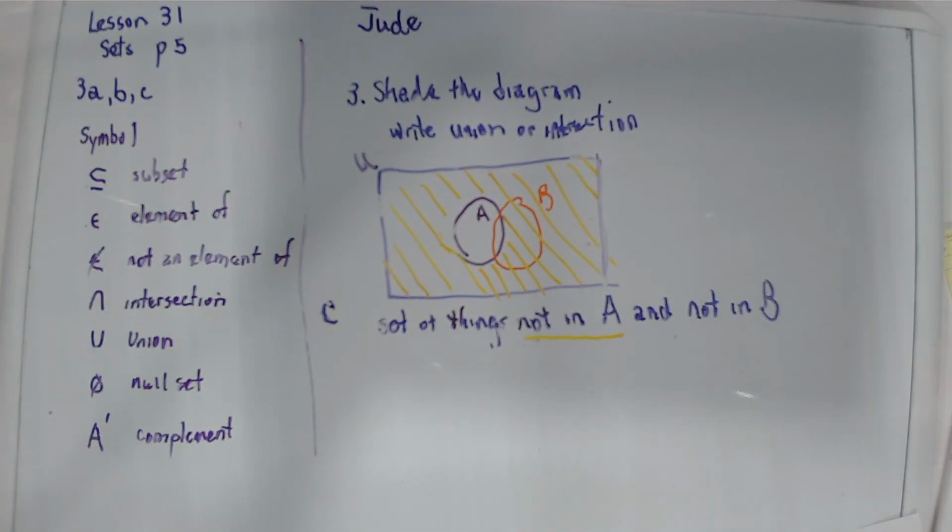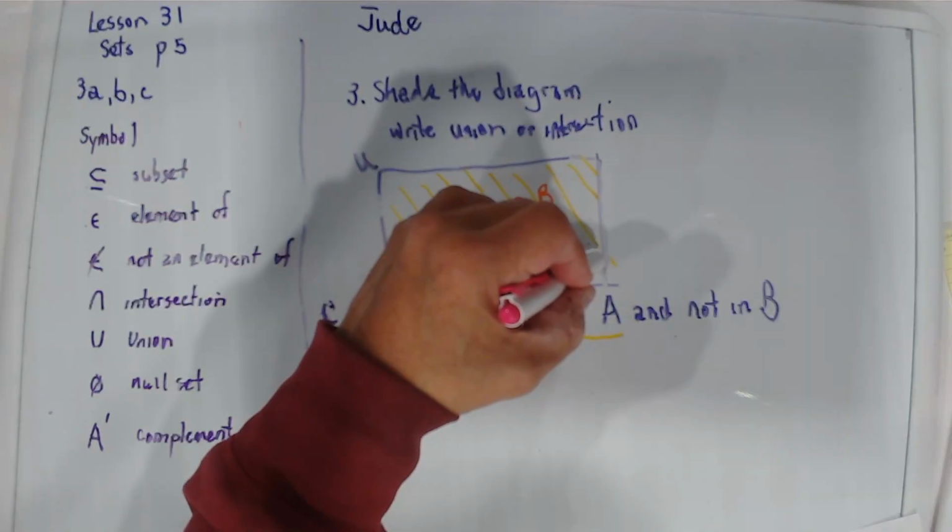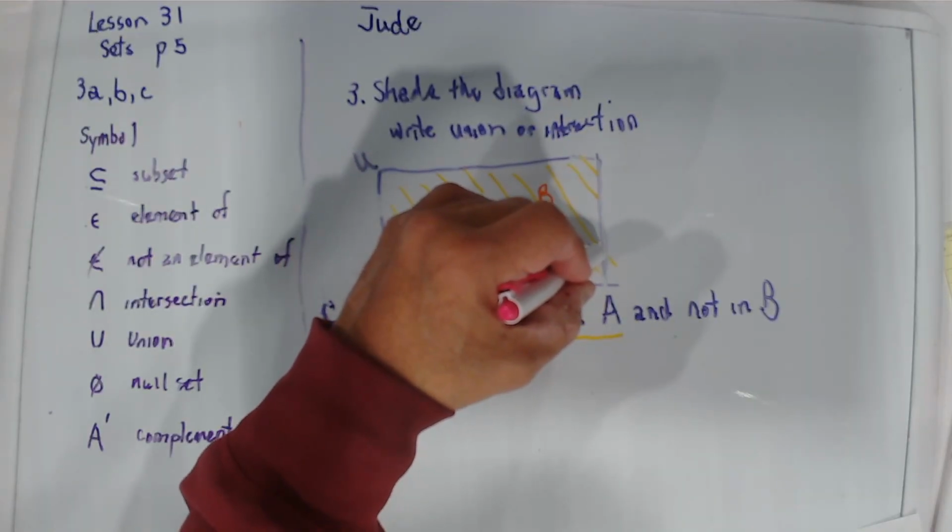Now let's take a look at all the elements not in B. Well, all the elements not in B is all of this.